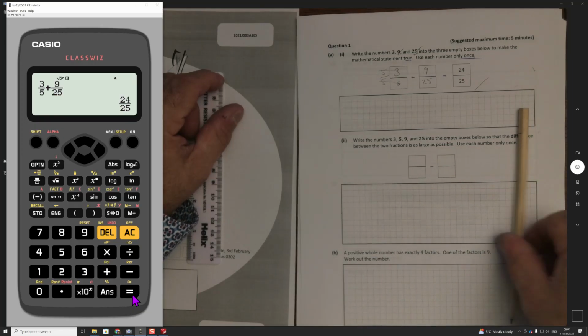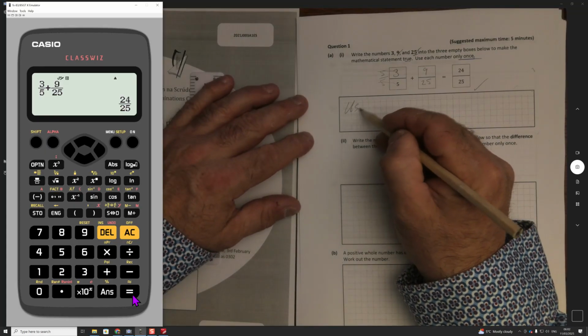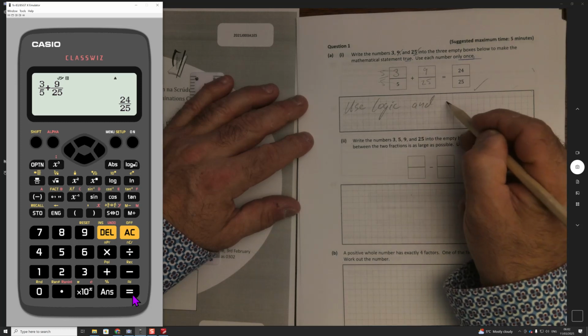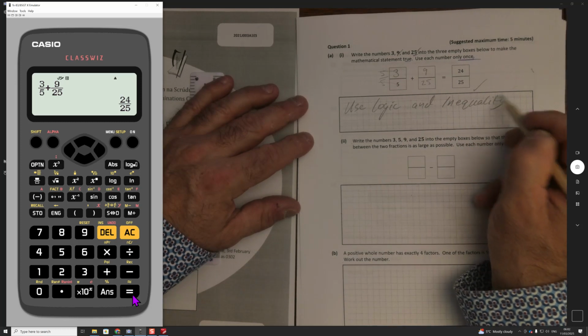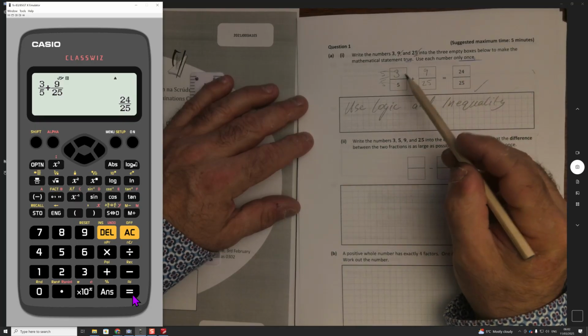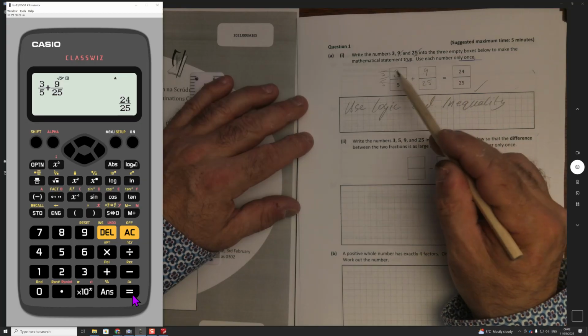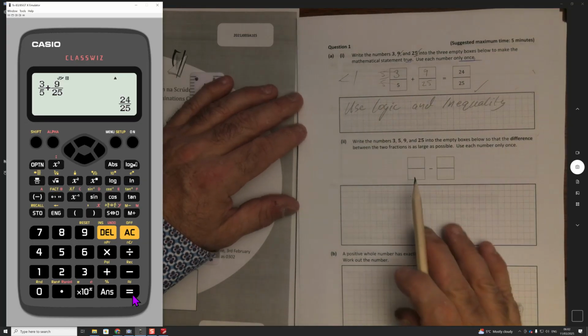And the only thing I would say there is use logic and inequality principles. Okay, we've used inequalities to say, well, this here has to be less than 24 over 25, or our guideline was less than 1.